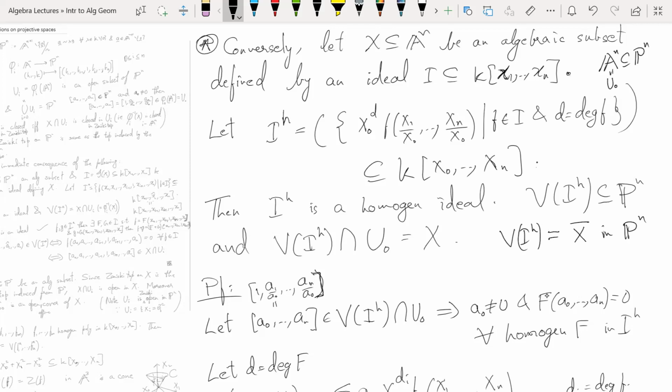If you think of X as a subset of U0 which is contained in Pn, then you can ask what is the closure of X in Pn, the smallest closed subset containing it. That is precisely V(I^H).